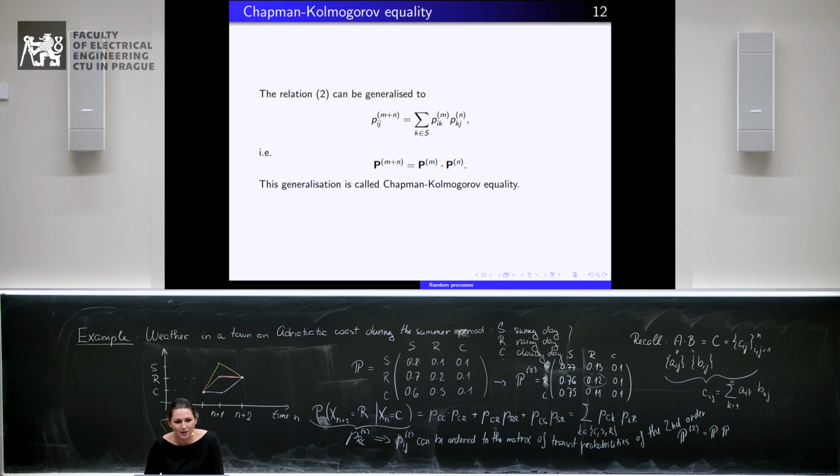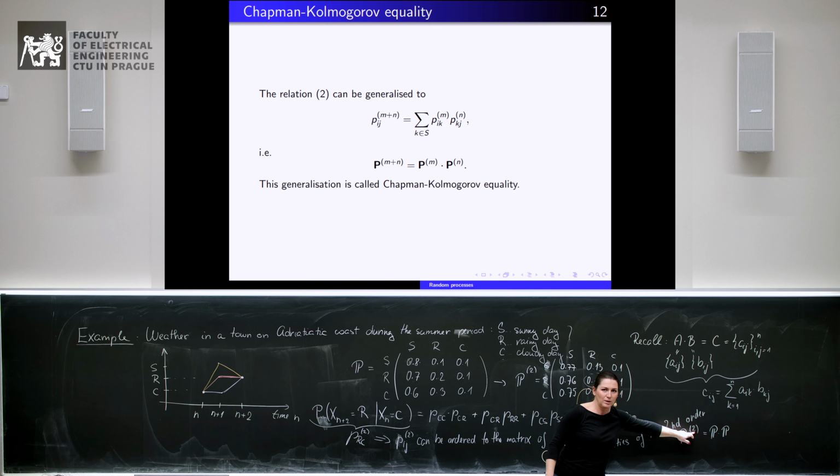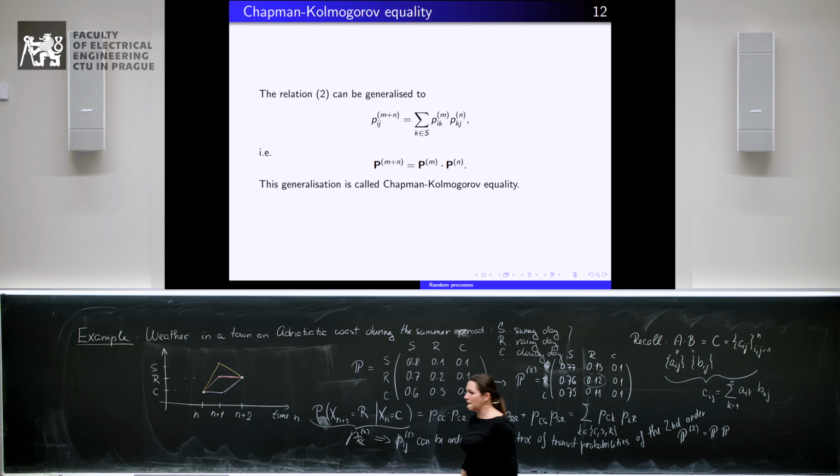So, before I start to show you how to find this stationary distribution, I just mention that the relationship that the matrix of probabilities of the second order is obtained as the second power of the matrix can be generalized to the relation that the matrix of transit probabilities of the (m+n)th order can be written as the product of the matrices of transit probabilities of the mth and nth order, respectively.